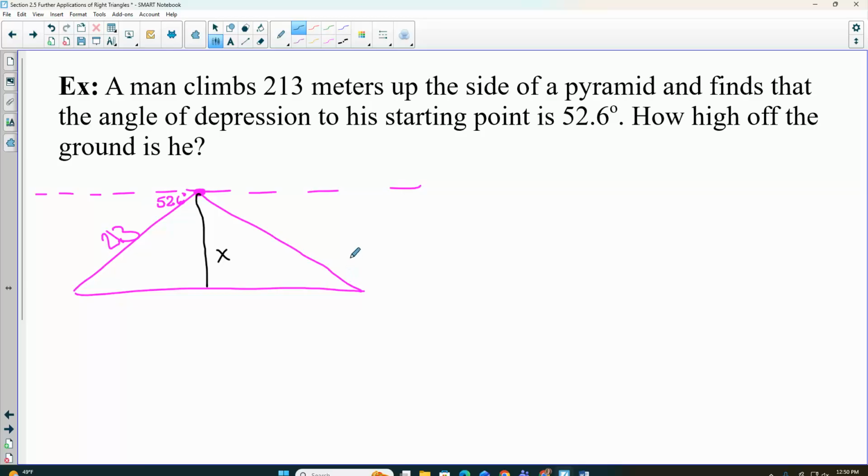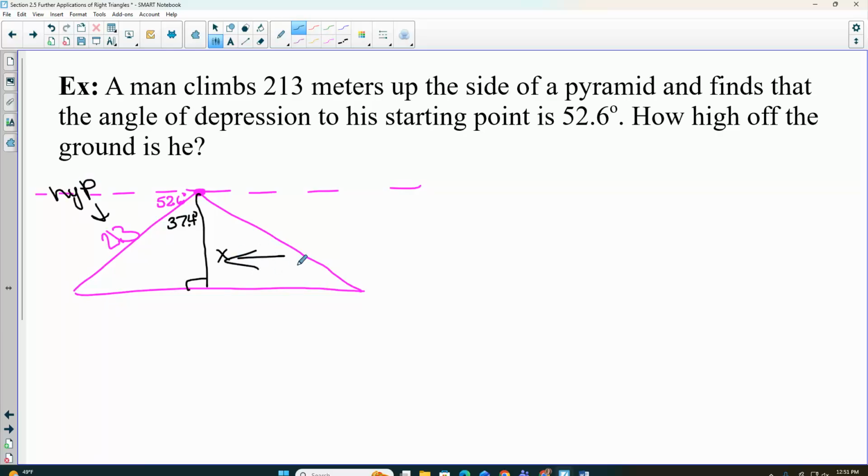All right, there's different ways we could go about setting this up. This would make a right angle. We need at least one angle in our triangle, so how could I find one? Okay. So there at the top, we know these would make a right angle, so if you find the complement, it's 37.4 degrees. So then, this would be our hypotenuse because it's across from the right angle.